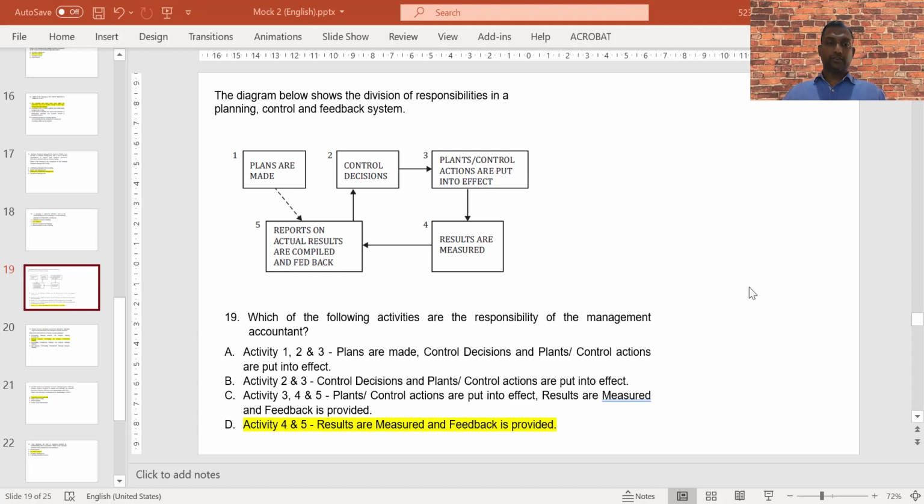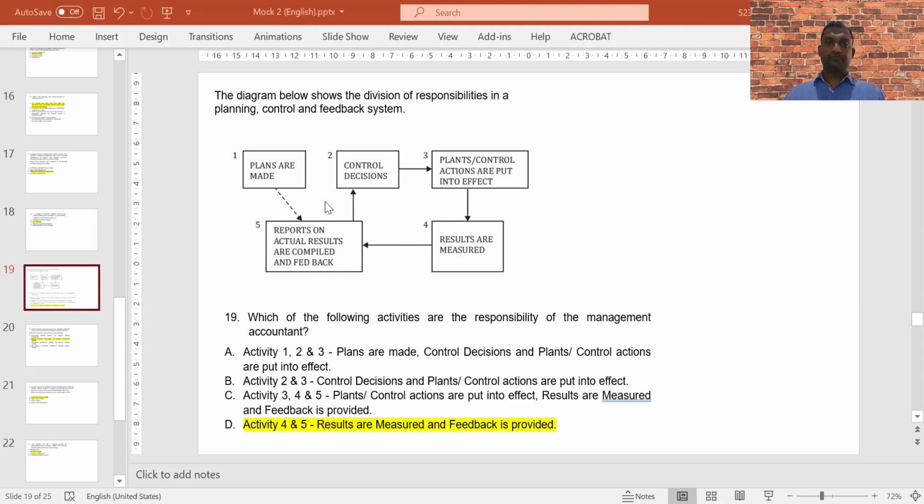Question number 19. This diagram below shows the division of responsibilities in a planning, control, and feedback system. So there are 5 stages.